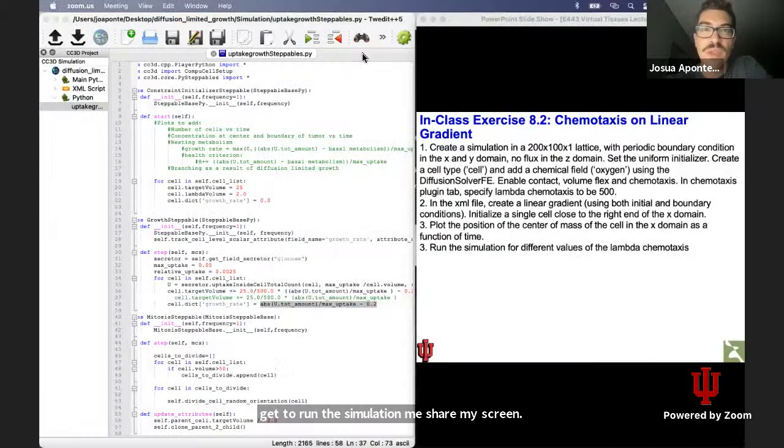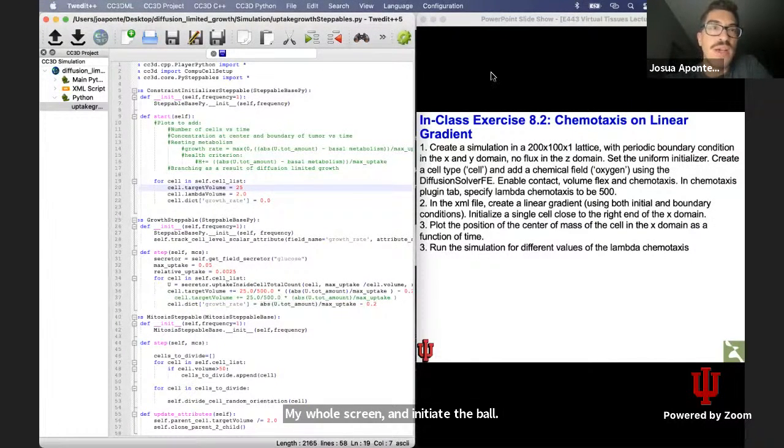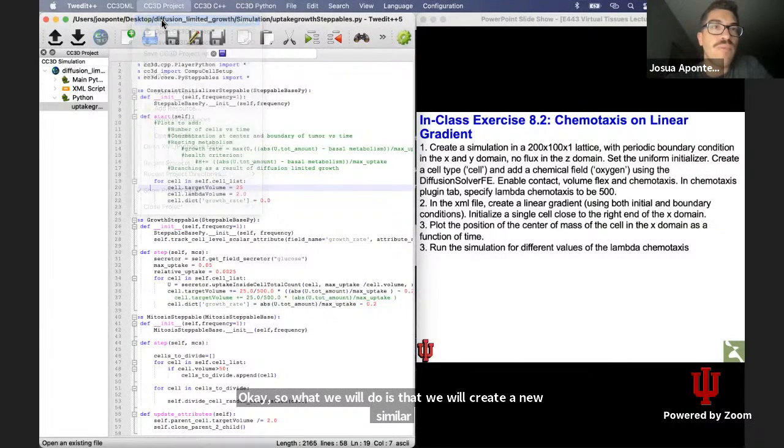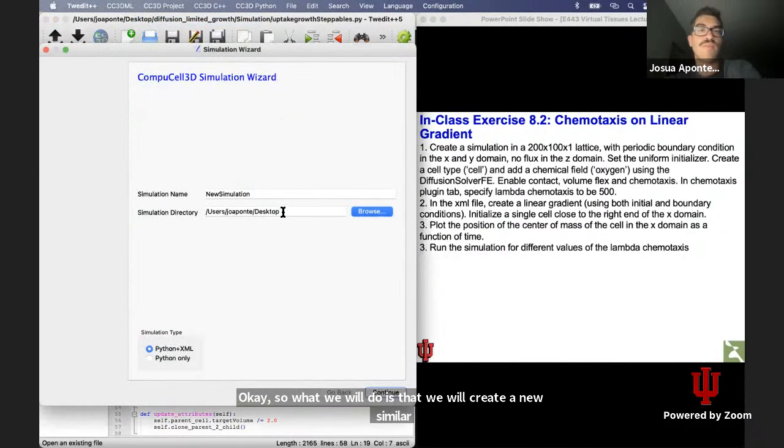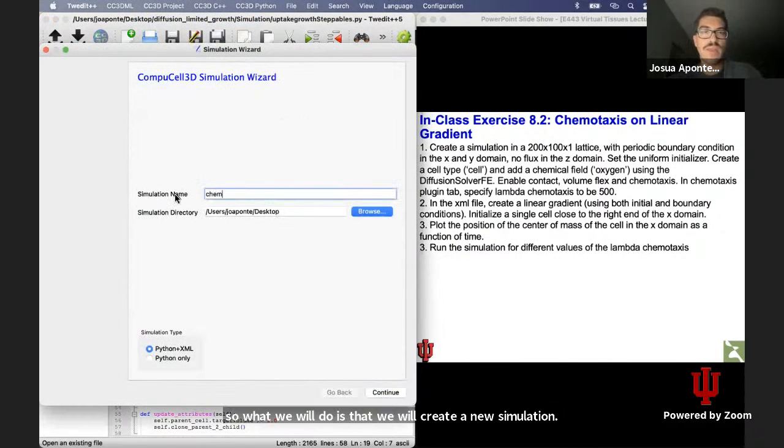Let me share my whole screen and initiate the poll. Okay, so what we will do is create a new simulation. Let's call it Chemotaxis simple.